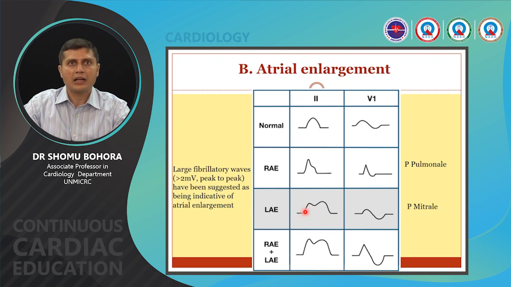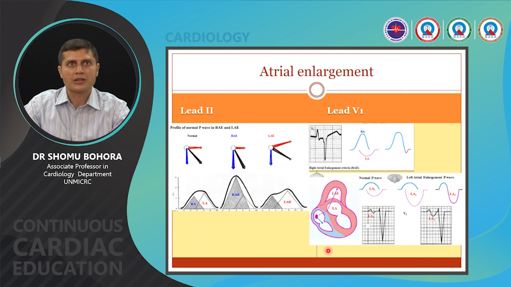While in left atrial enlargement, the P wave in lead 2 becomes more broad and notched in between, and in V1 the initial part is followed by a prominent negative part which is called P mitral, and that is suggestive of left atrial enlargement. When there is biatrial enlargement, you will have a combination, or an axis which changes.